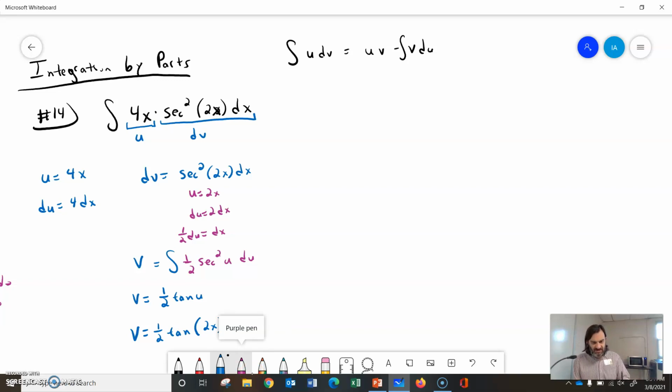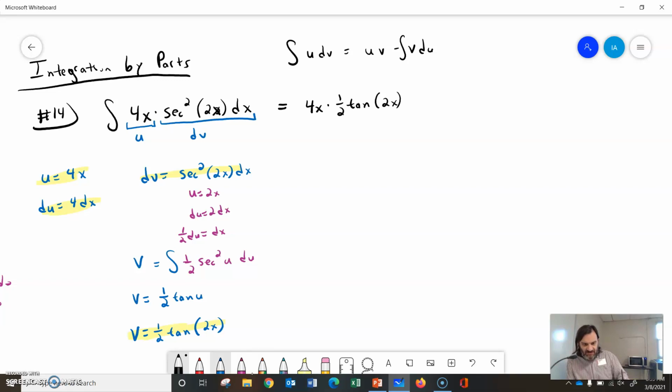So in the integration by parts scheme of things, I have u, du, dv, and v. So I need to put all that back together and see if it works out for me. So the integral of my 4x secant squared of 2x is u, which is 4x, times v, which is 1/2 tangent of 2x.